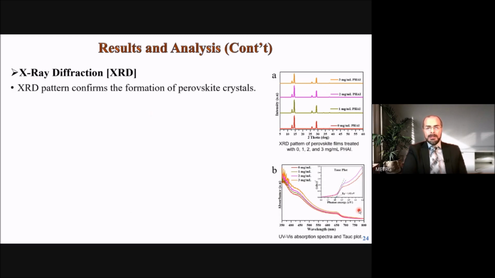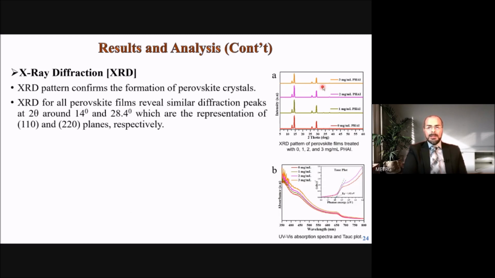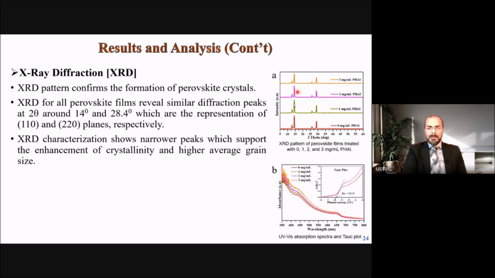Continuing on the characterization process, we did the XRD. Picture A shows the XRD for the 4 conditions, as we can see, 0, 1, 2, and 3 milligrams per milliliter of PHI. And it was confirmed that we have perovskite films because we have this peak 100% specifically at 2 theta 14 degrees, and the other peak at 28.4 degrees.